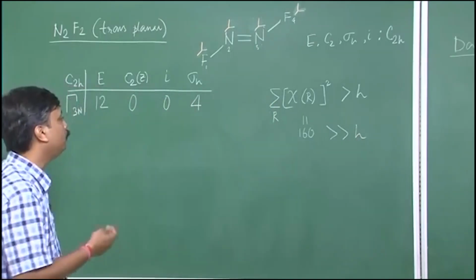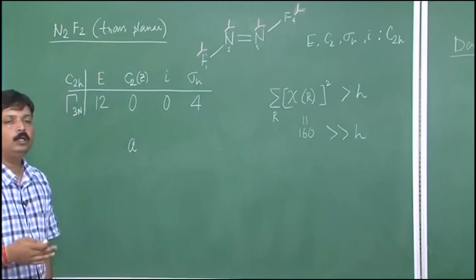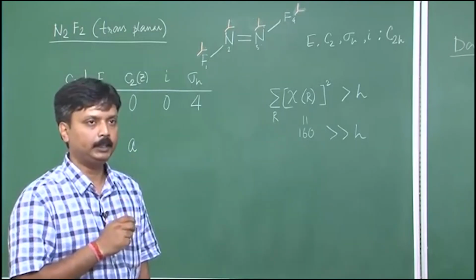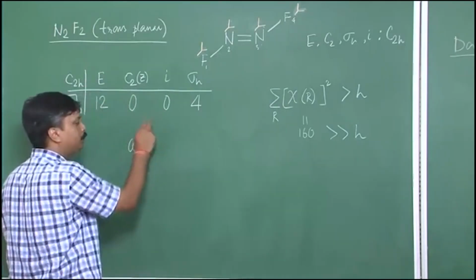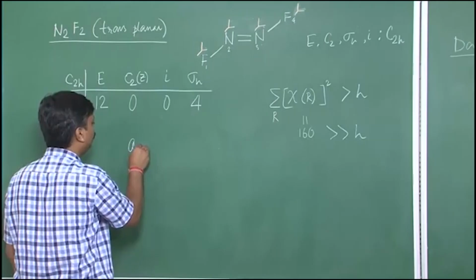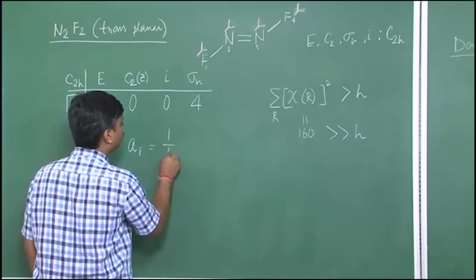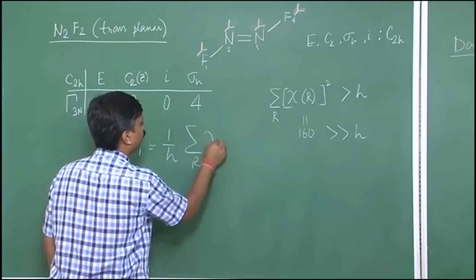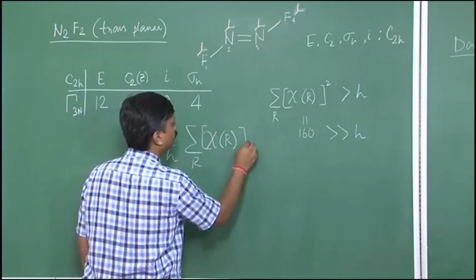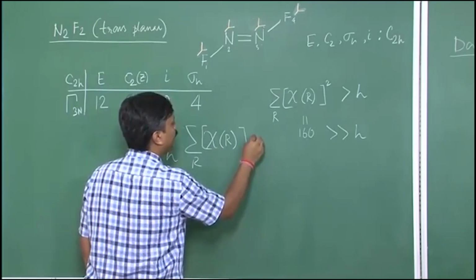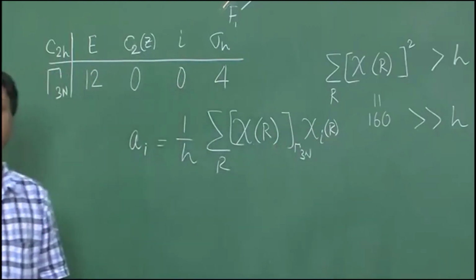So in the next step I have to reduce it. How do I reduce? If I want to find out whether the ith irreducible representation of this particular point group exists in the representation that I have just formed, then the number of such occurrences, a_i, is equal to the sum of the character for my gamma 3n multiplied by the character of the same operation belonging to the ith irreducible representation.